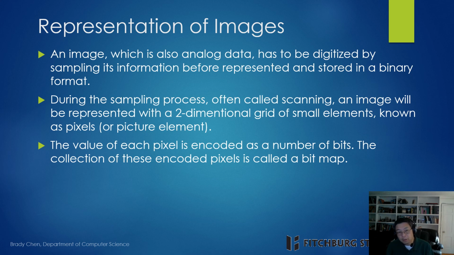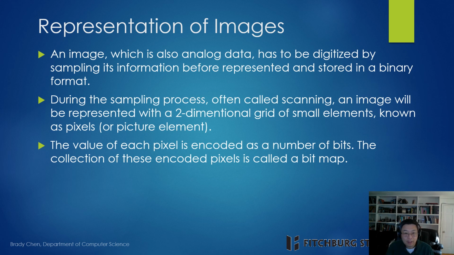Okay, so the next data type we're going to talk about is images. An image is also analog data. An image has to be digitized by sampling its information before we can represent and store it in binary format. Okay, the sampling process for an image is called scanning.